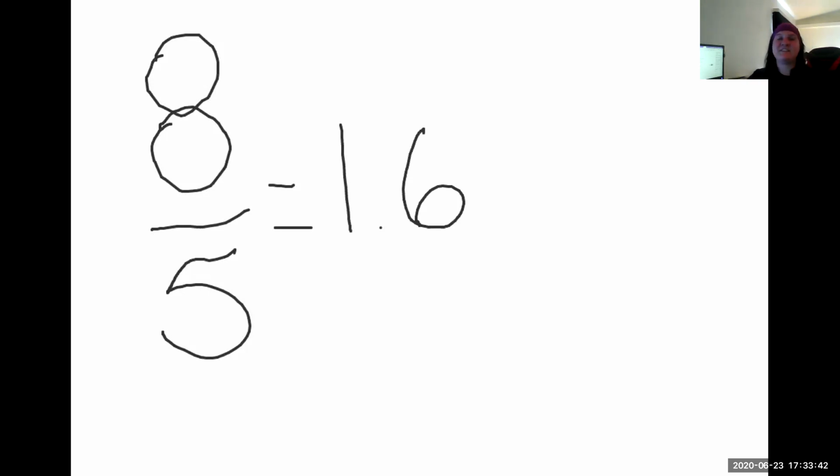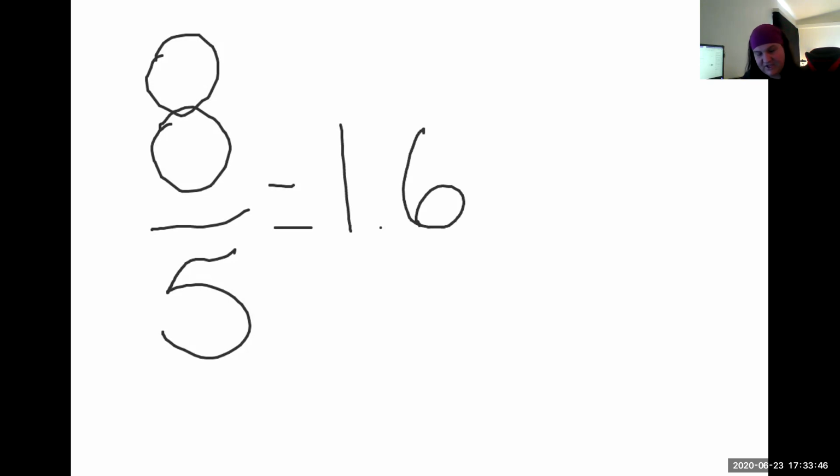Okay, 8/5. So let's divide 8 by 5, and that equals 1.6. But we're not done there. We're looking for the percentage, not the decimal.